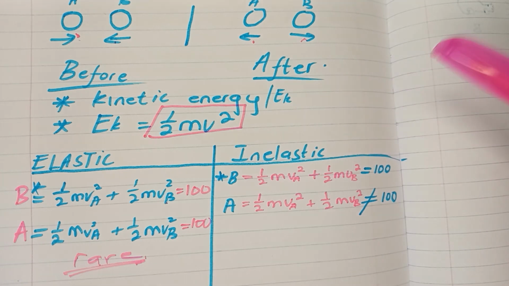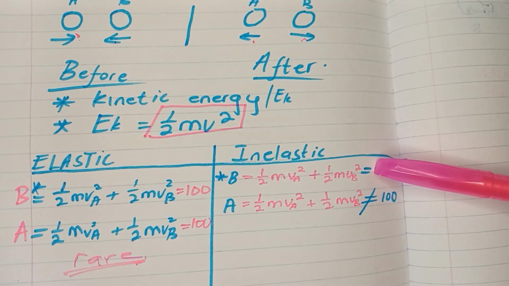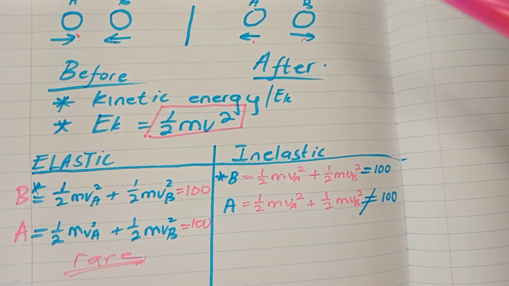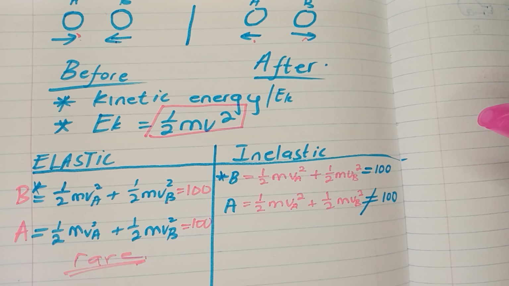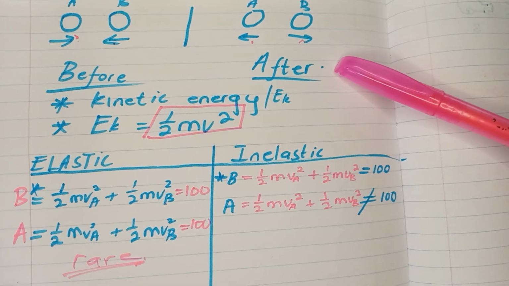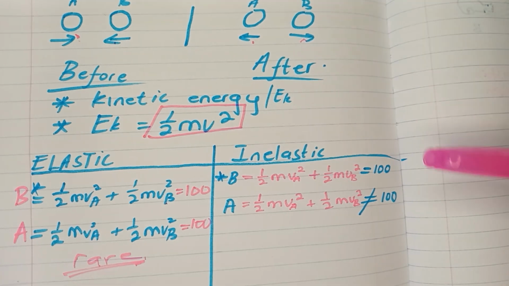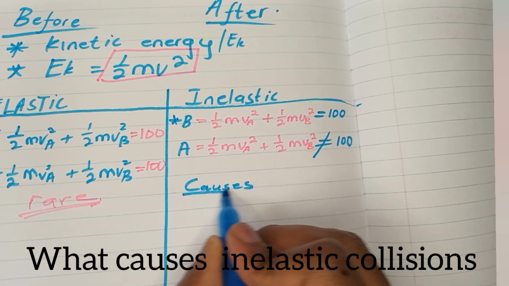If you calculate the kinetic energy of A and B right before the collision, and you get 100, this means that if you calculate the total kinetic energy of the system after the collision, you wouldn't get 100. But what causes this? What is the cause of something being an inelastic collision? Well, let us jump into it.